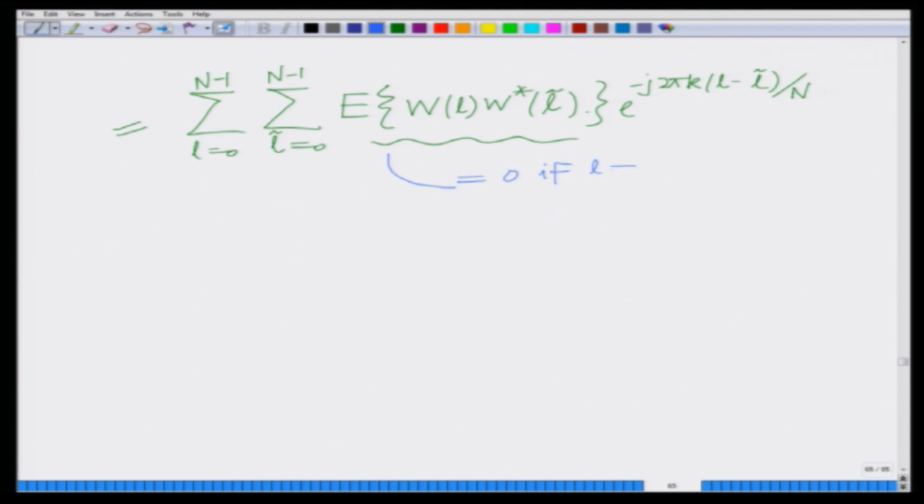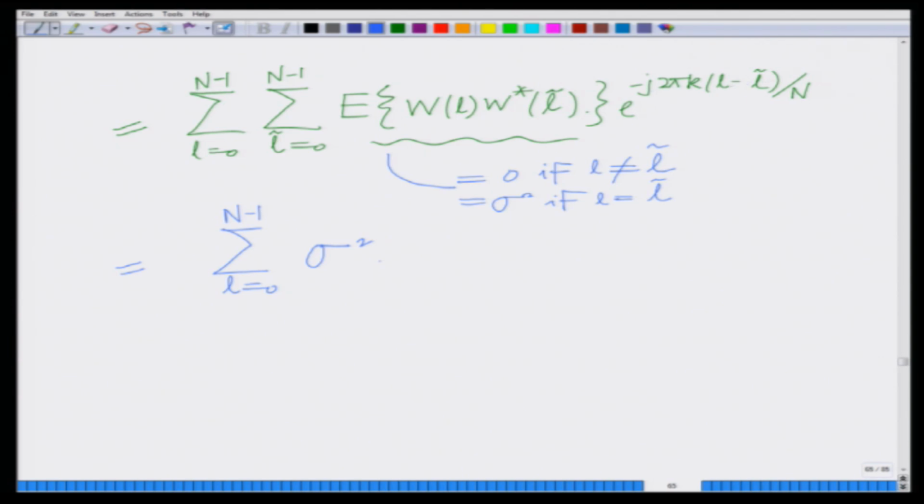and this is equal to 0 if l is not equal to l tilde. If l is equal to l tilde, we have the expected value of w_l w conjugate l, which is the expected value of magnitude w_l square, which is sigma square. So, this is equal to sigma square if l equals l tilde. So, it only survives if l is equal to l tilde, at which point this is the summation over l equal to 0 to n minus 1 of sigma square, and this is of course e to the power of minus j 2 pi k l minus l tilde.